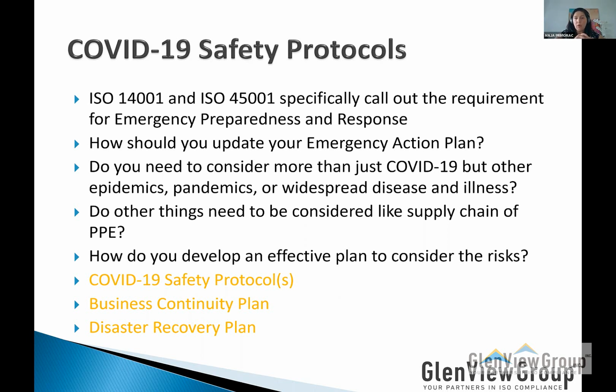And if so, then what are the controls that we have in place to respond to something like that? Do we have a disaster recovery plan? If we do, then we need to update it. But if we don't have it, then do we need to create one, right?